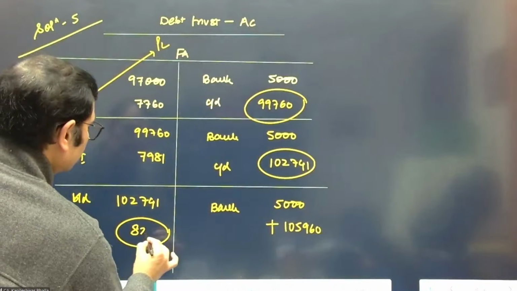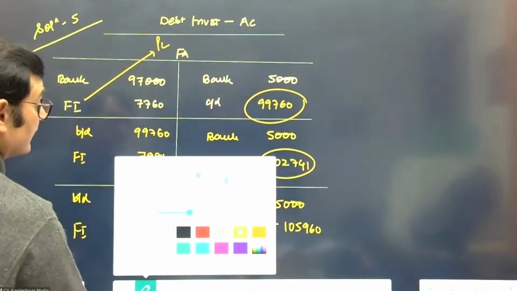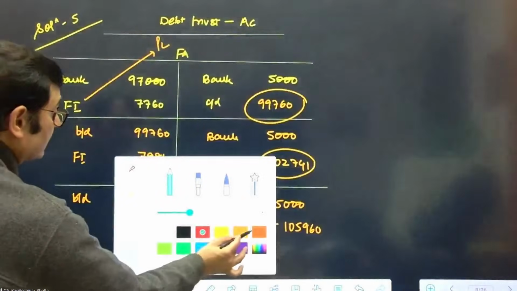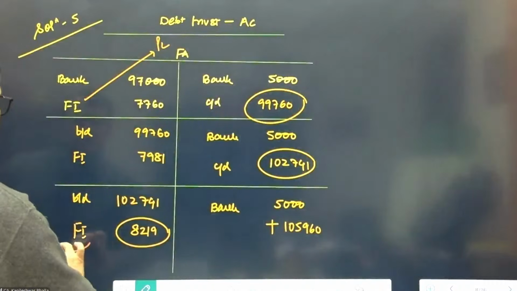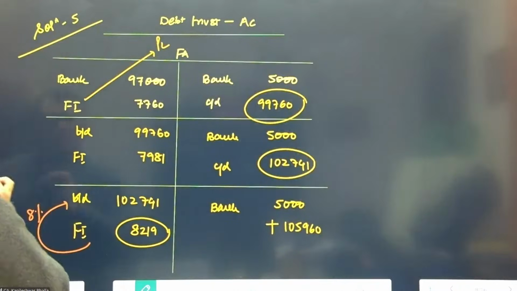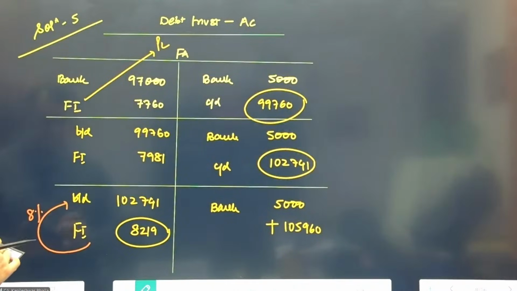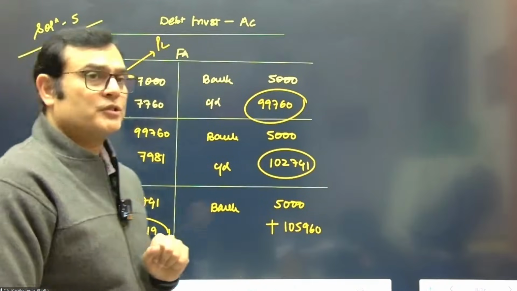I guess this works out at 8,219, and you can make a check. Is this coming to almost 8% on the balance BD? Yes, almost more or less. I think 3-4 rupees difference. That's perfectly fine.